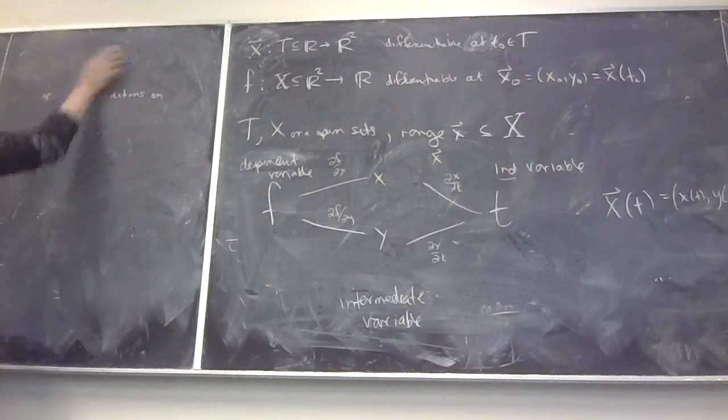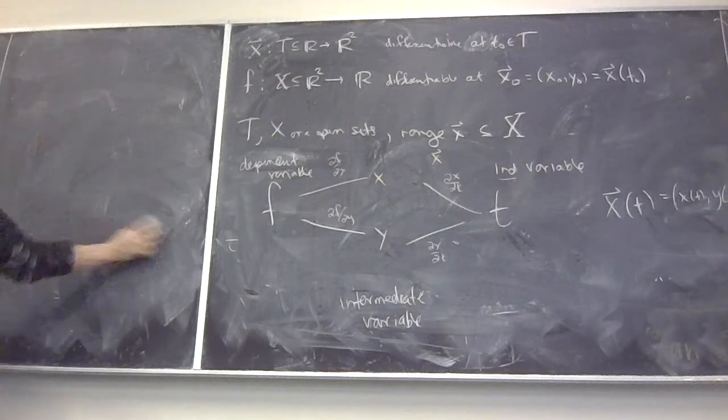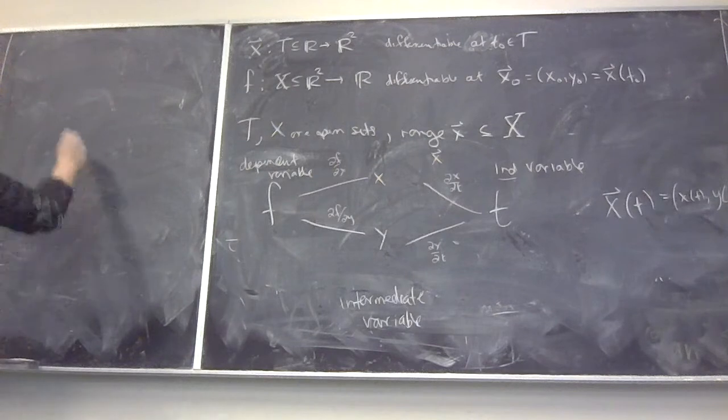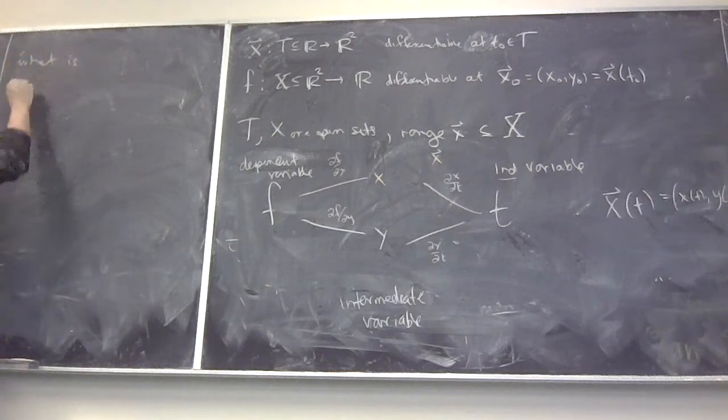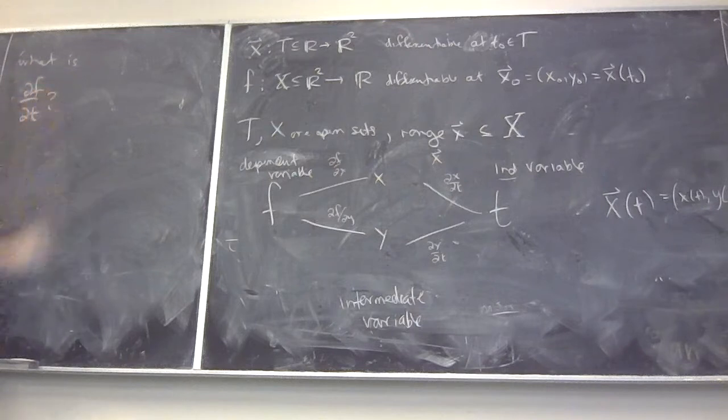So given the hierarchy that we've got, we want to be able to write down an expression for this. What is df dt?